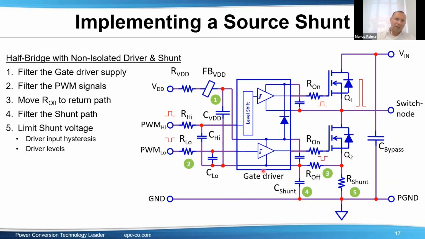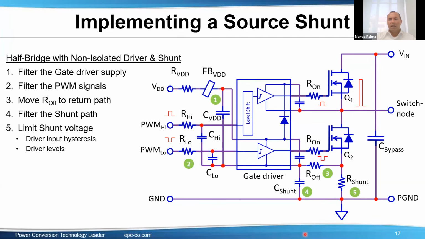And there are also other types of solution. You see this gate driver here has a common ground between the input and the driving of the low side. There are also some gate drivers where there is a decoupling factor here for the voltage, which is helping in this type of topology.